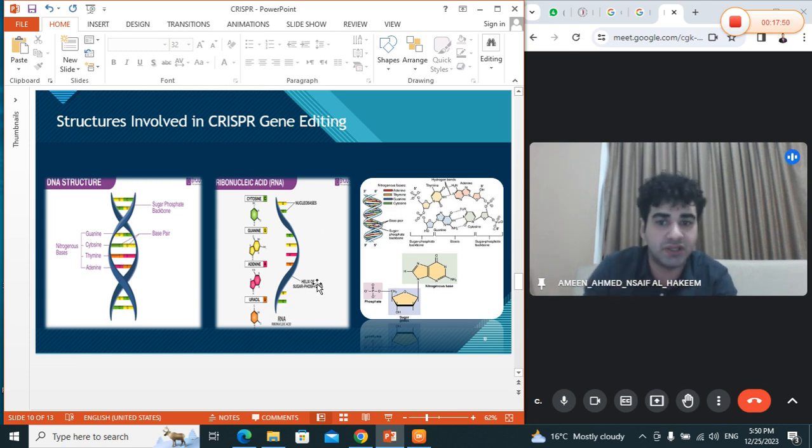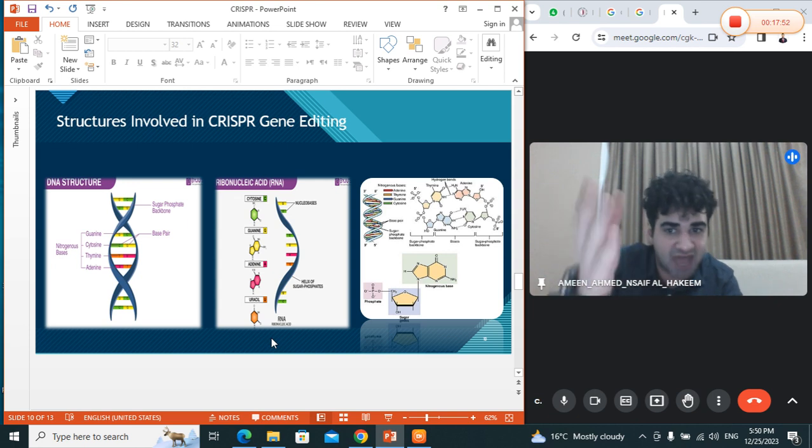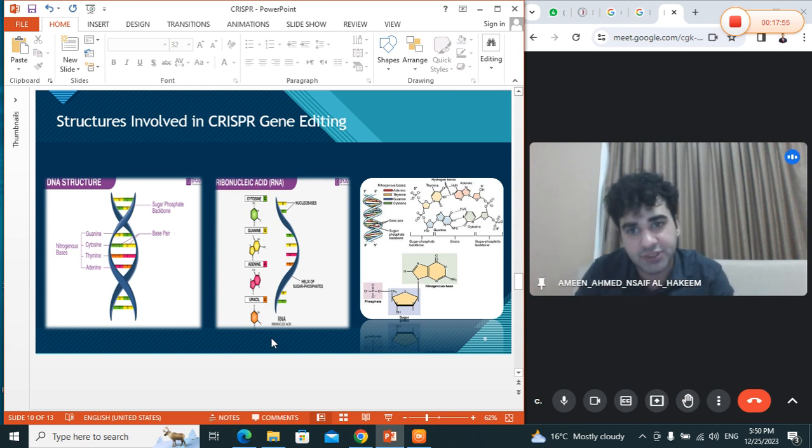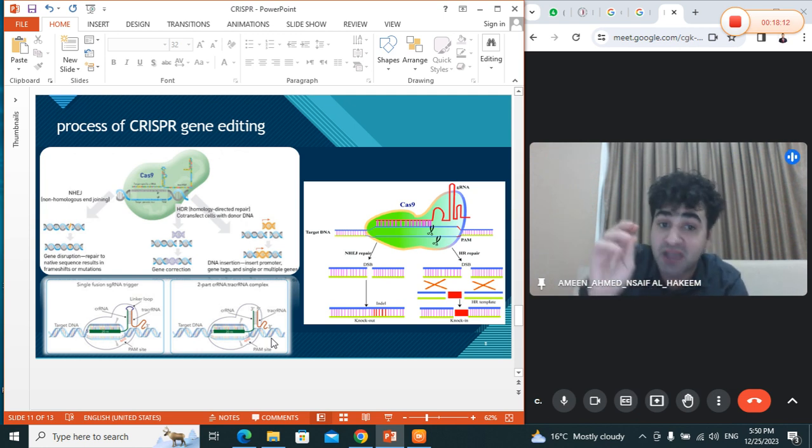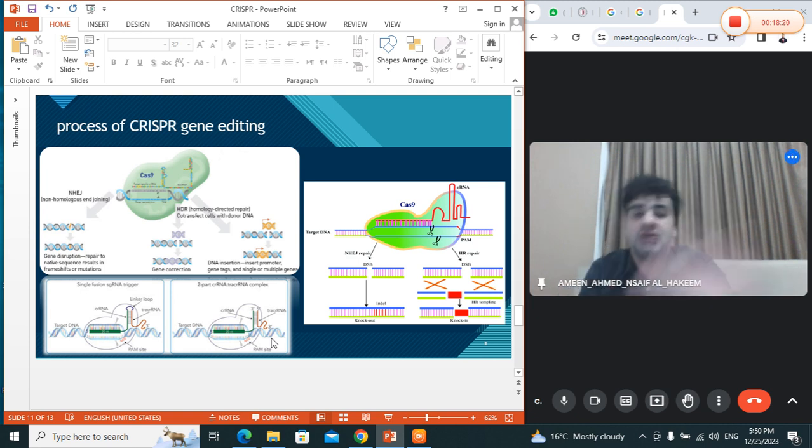The RNA only differs with uracil, in place of thymine, and shares guanine and cytosine with DNA. This is the difference between the structures of them, on the right and left drawings. So the process of gene editing is what happens, as we mentioned, for gene modifications. Alternatively to repair, a template can be provided to the cells and utilized to insert or replace a specific DNA sequence.